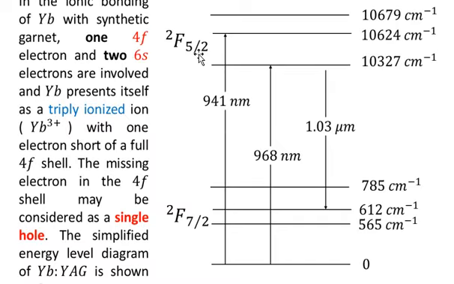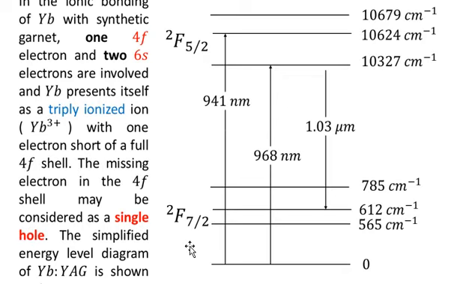So we have two terms obtained. This capital F indicates the spectroscopic term corresponding to capital L equal to 3. So we have capital F, and then we have two terms, F with 7 by 2 and F with 5 by 2.